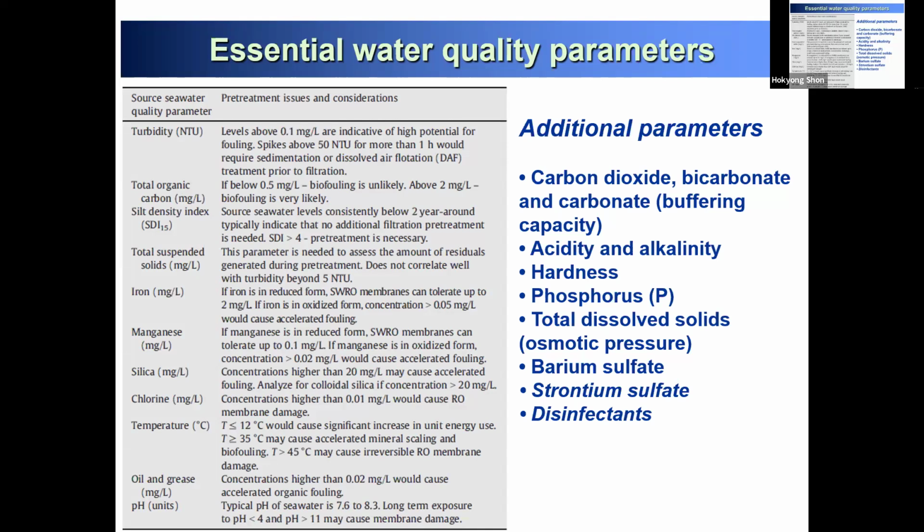Around, let's say, 10 degrees, right? How about summer? Let's say 30 degrees. So you have a temperature difference: 10 degrees in winter time when you operate seawater desalination, 30 degrees in summertime.